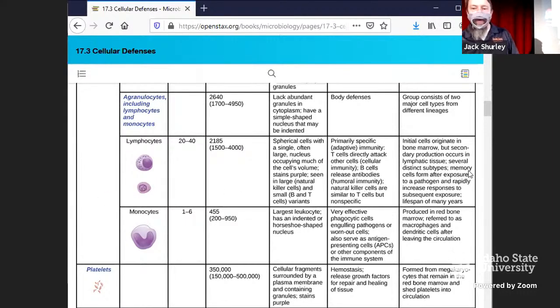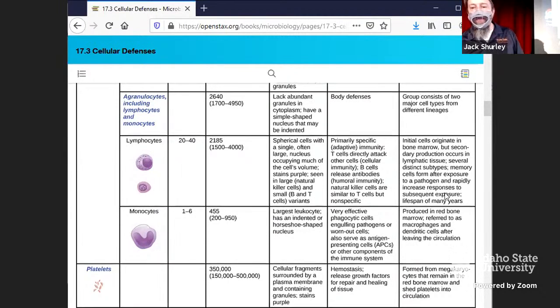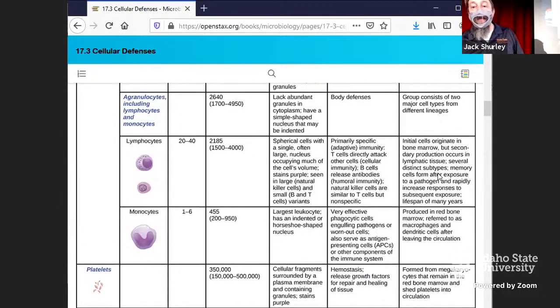And with that, we have cells that are actively doing their job. When that happens, we call them plasma cells, and they start releasing their substances. And then we have memory cells that lay in wait till a secondary exposure with that.